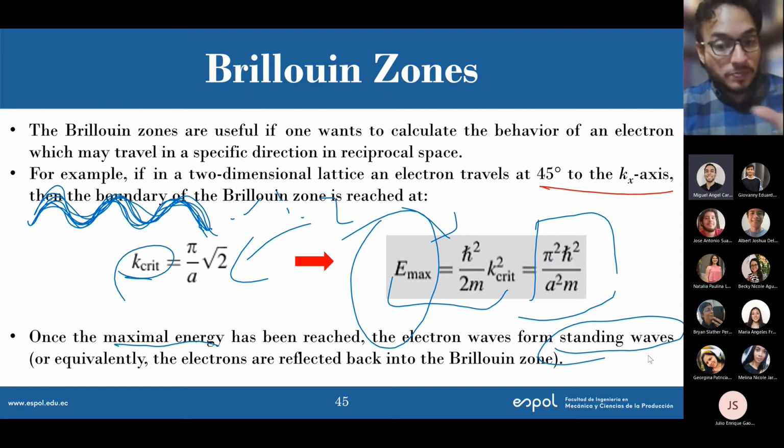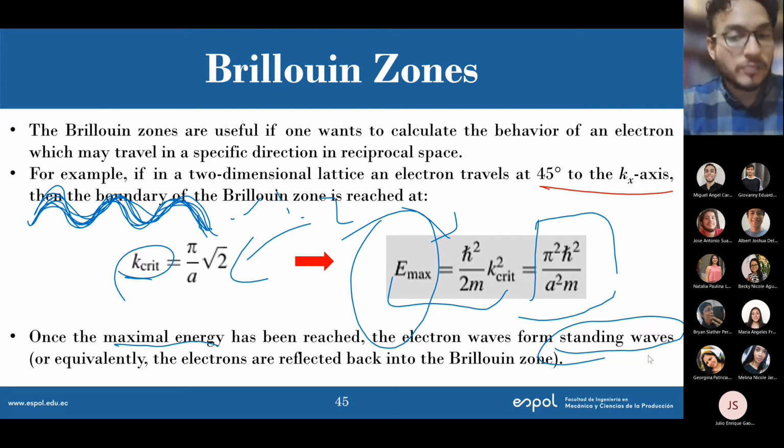And there will be special cases in semiconductors where they can jump from one band to the other. But that's a special case, and we're not going to talk about that yet. We'll talk about that in the next module. But you already have electrons in the first brilliant zone, and in the second brilliant zone, and in the third brilliant zone.